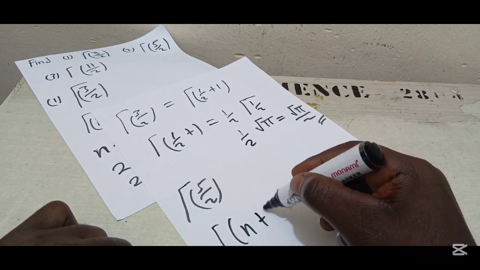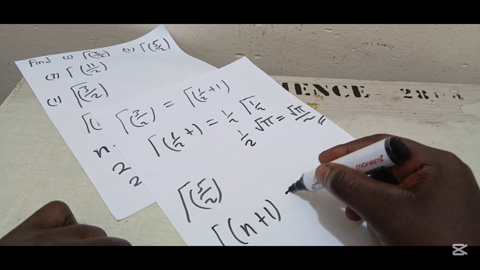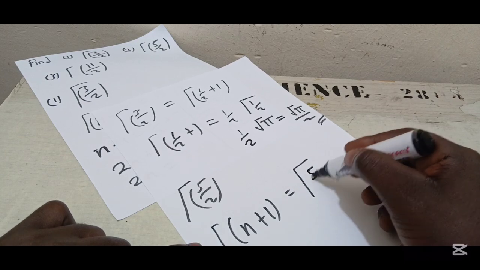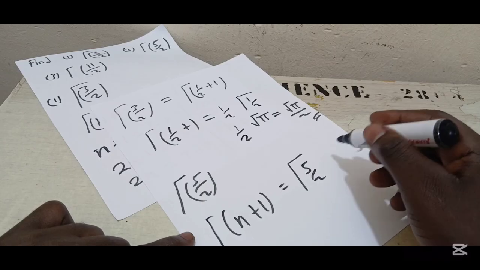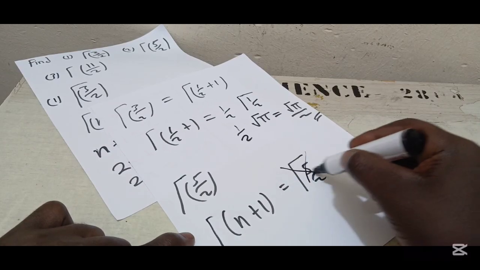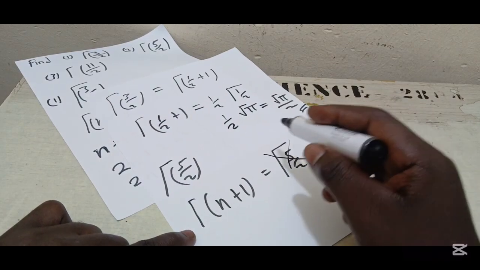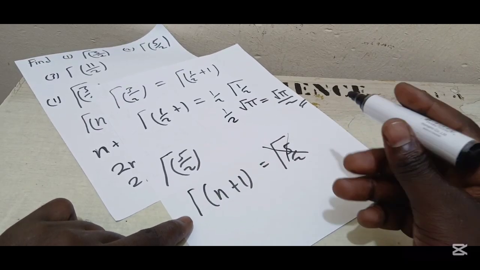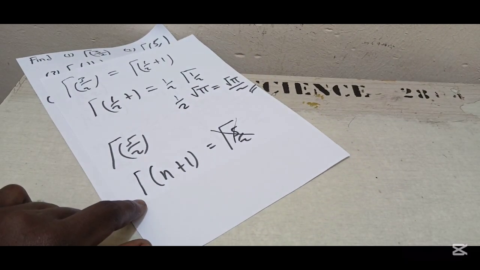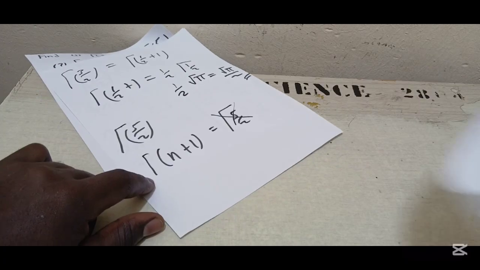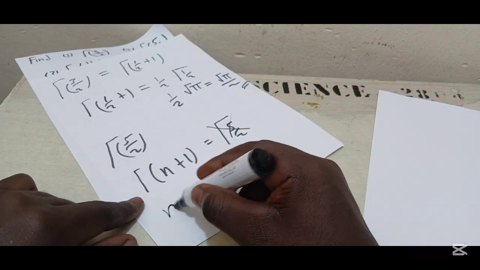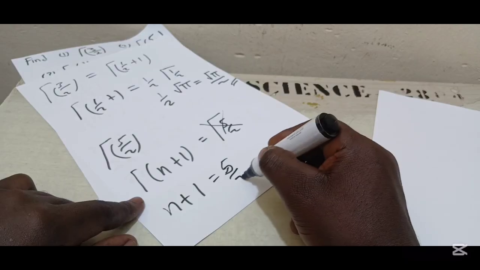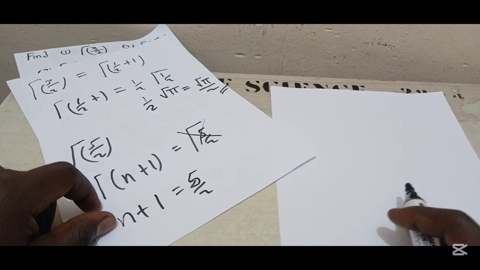In order not to confuse yourself, just form a simple equation and solve for your n. So you can say n plus 1 gives us 5 on 2, like we did in the previous example.